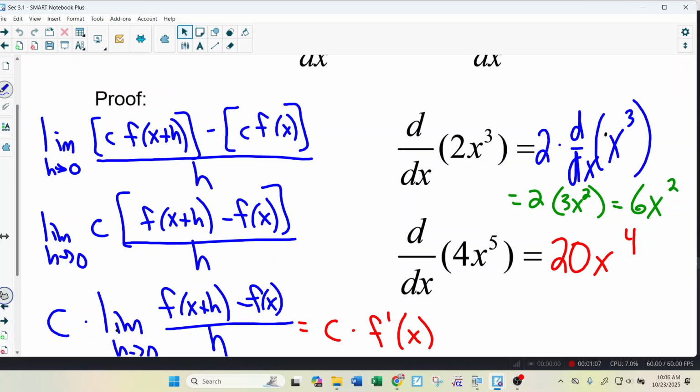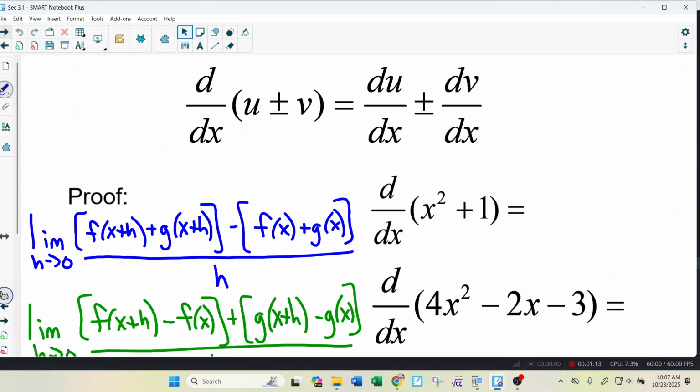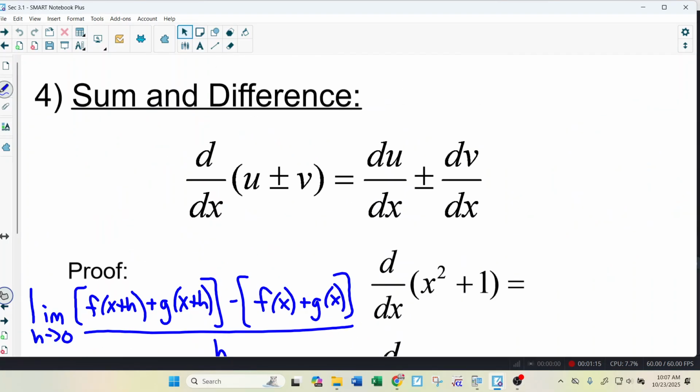Okay? So we want to look at a few other rules or properties today. The first one is the sum or difference rule. This basically says if you have the derivative of two functions, they like to use u and v for some reason when they do this, that we can just take the derivative of u plus take the derivative of v.